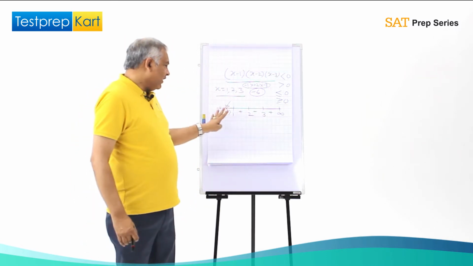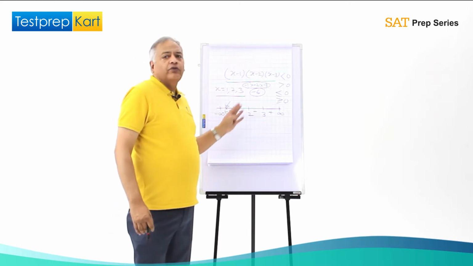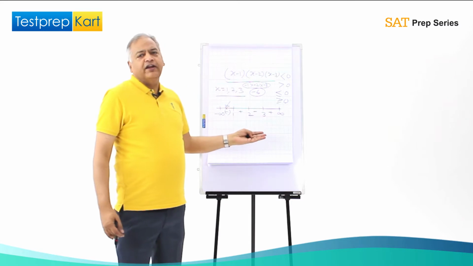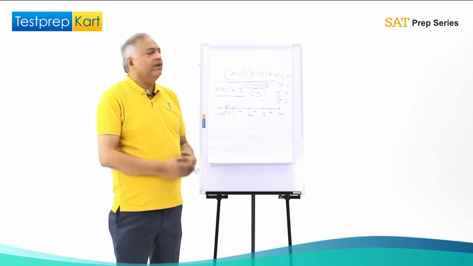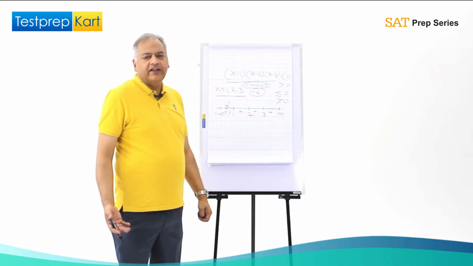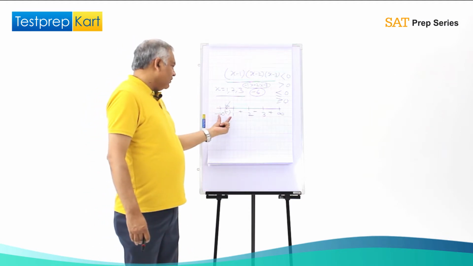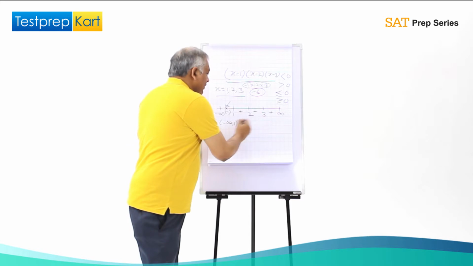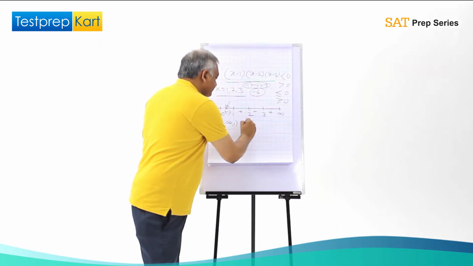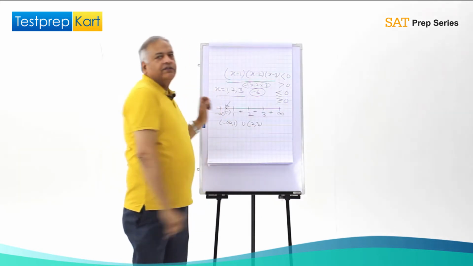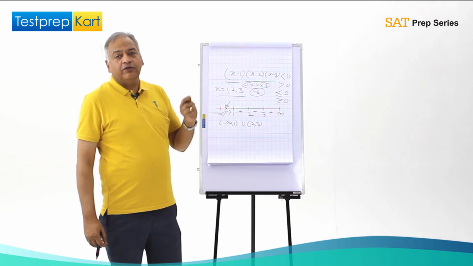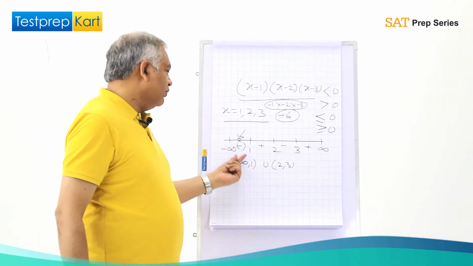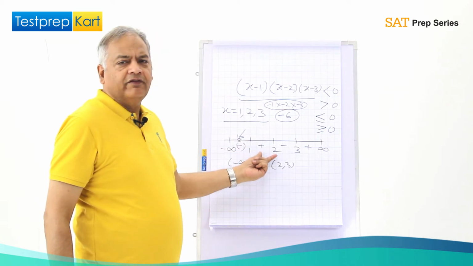After finding the values of the left-hand side expression for various intervals, I can now find the answer for this inequality. Between negative infinity and 1 the value is negative, then 1 to 2 positive, 2 to 3 negative, and then positive after 3.